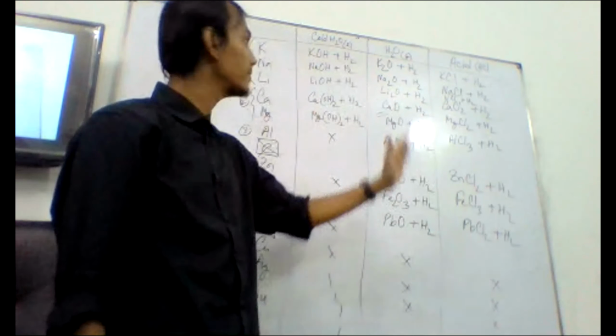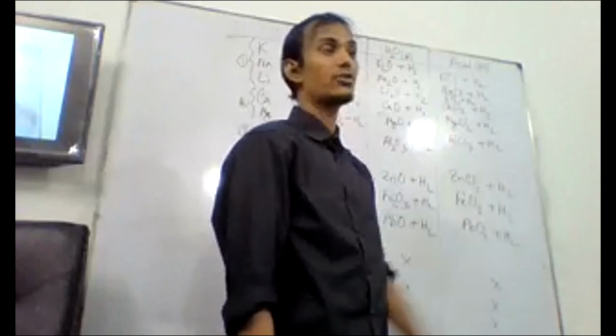Metal plus acid: salt and hydrogen gas. It's written in your book again on that same page. Metal plus steam, metal oxide and hydrogen. You get it? On page number 150, the first two things are given: metal plus acid and metal oxide plus acid. Metal plus cold water and metal plus steam are given.